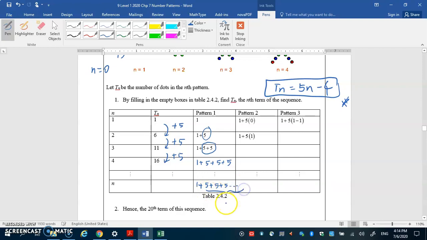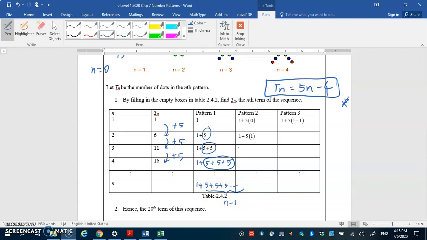Basically the number of 5s here will be n minus 1, because when n was 4, you added 5 three times. When n was 3, you added 5 two times. So for the nth term, you will add n minus 1 number of 5s. Can see?